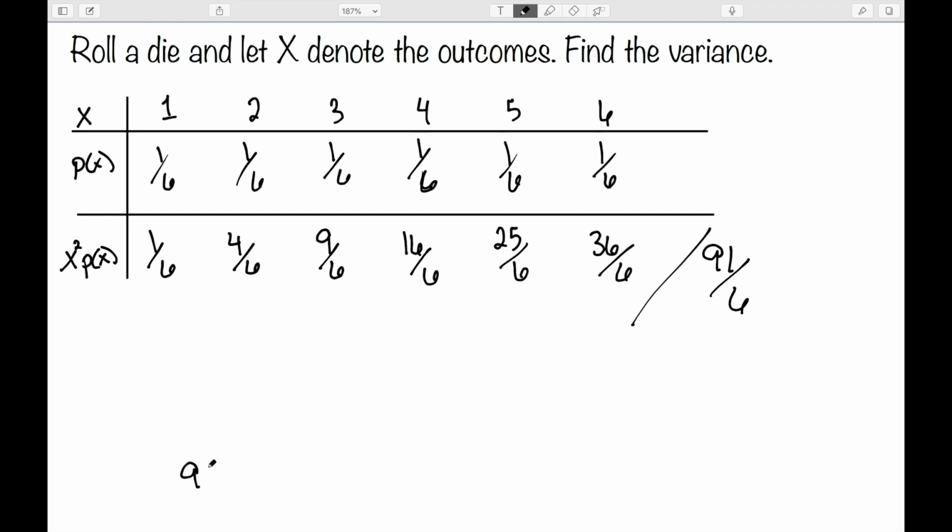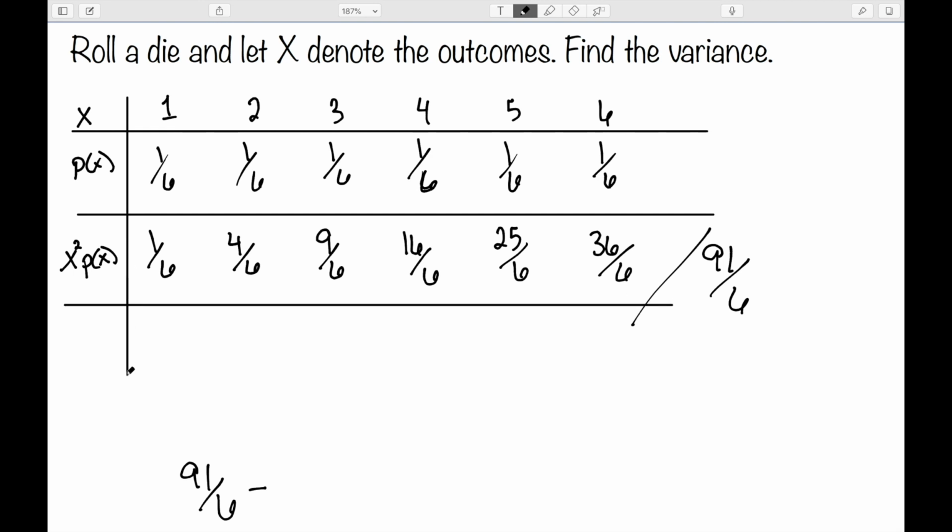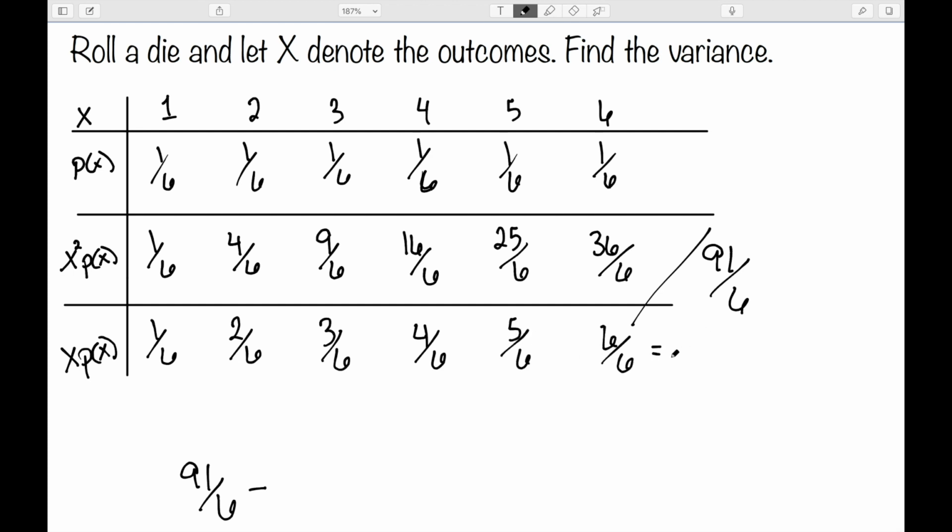From there, we need to subtract the mean squared. So we need to find the mean of this. In order to find the mean, we're going to have a new row that's just x p of x. So we have 1 times 1 over 6, 2 times 1 over 6, 3 times 1 over 6, 4 times 1 over 6, 5 times 1 over 6, and 6 times 1 over 6.